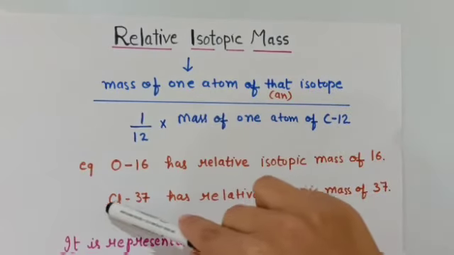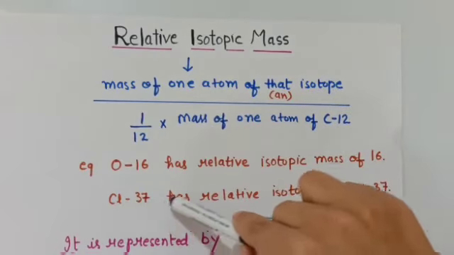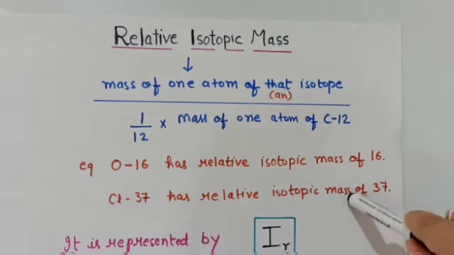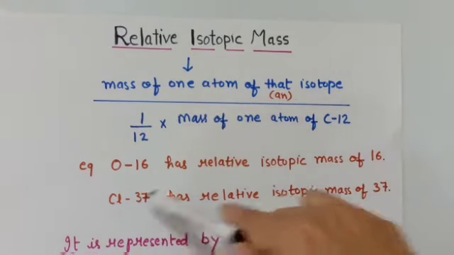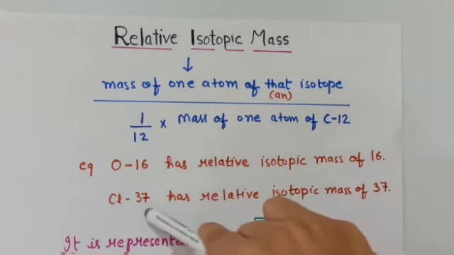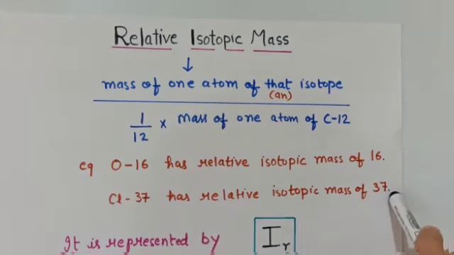Then Cl37 has a relative isotopic mass of 37. Cl37 has a relative isotopic mass of 37. Likewise, we can calculate the relative isotopic mass of other elements also.